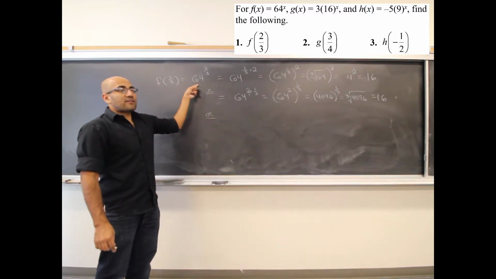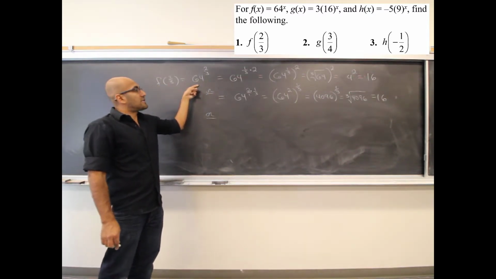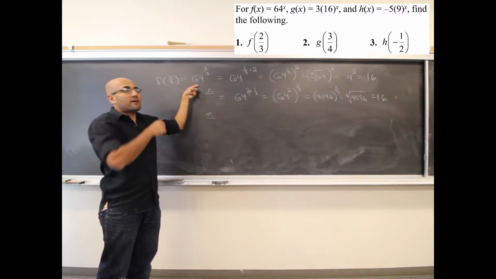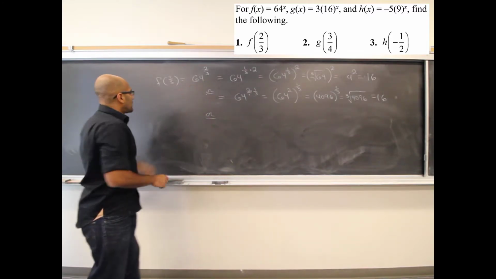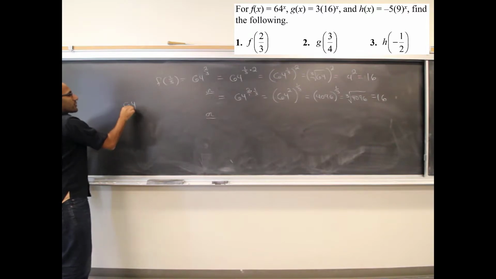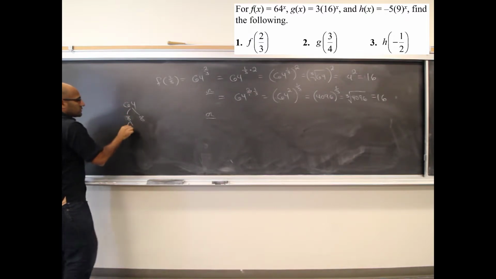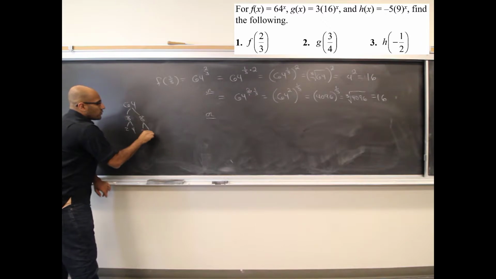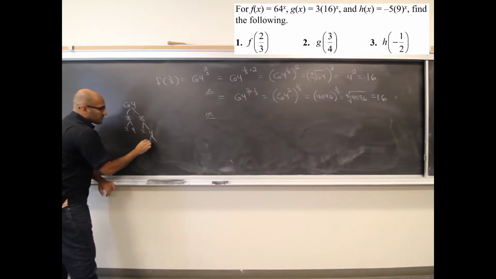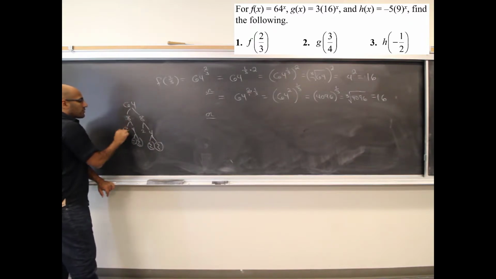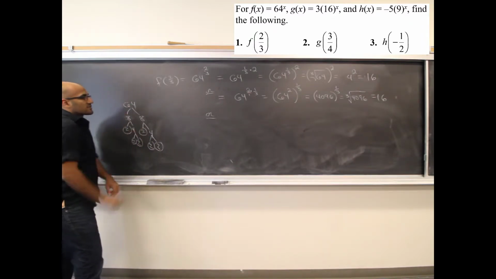There's more options though. Or you could factor out the 64 first. Find its prime factorization and you'll see that stuff simplifies a little bit better. So if we know that 64 breaks down into 8 times 8, 2 times 4, 2 times 4. Each of these 4s break down into a 2 and a 2. 1, 2, 3, 4, 5, 6.